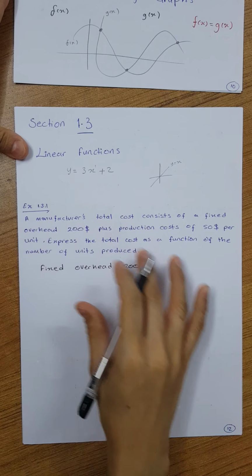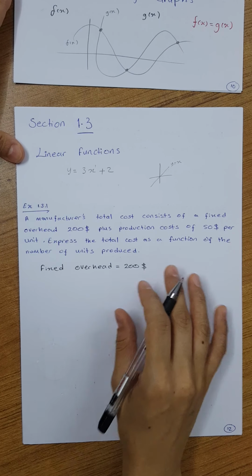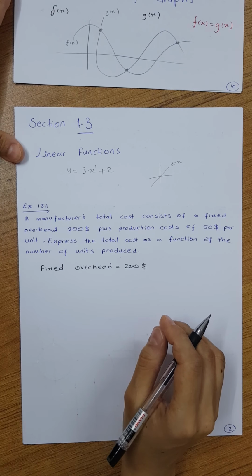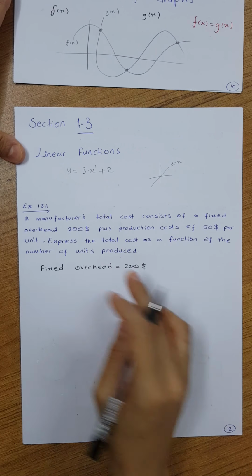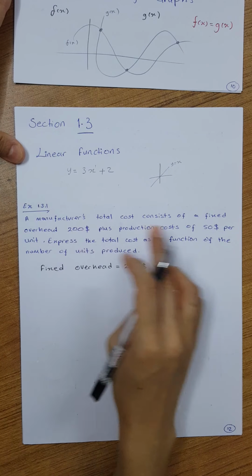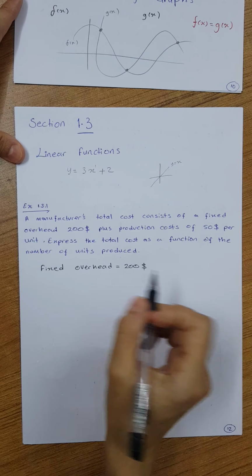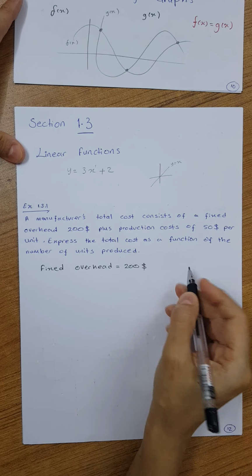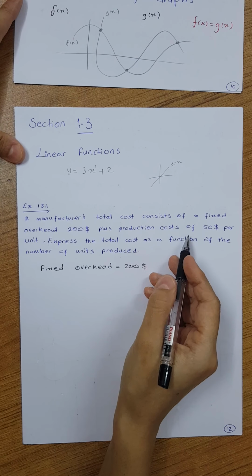As I told you first, you're reading all the statement together, then you're coming to analyze what is given to you, what is required, what is fixed, what is moving, and so on. So we have got a manufacturer producing units, producing anything. The fixed overhead is $200 plus, as you know, it's a plus sign, production costs.